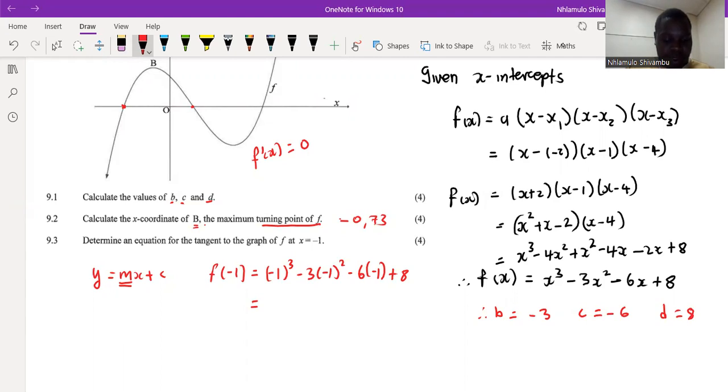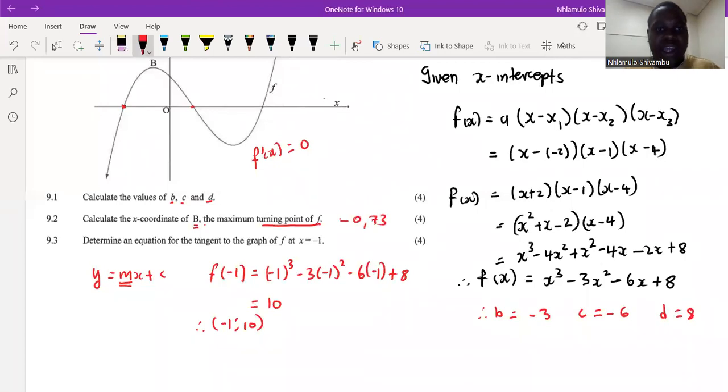When we press our calculators, we're getting 10 for the y value. So therefore, the point of contact is (minus 1, 10).